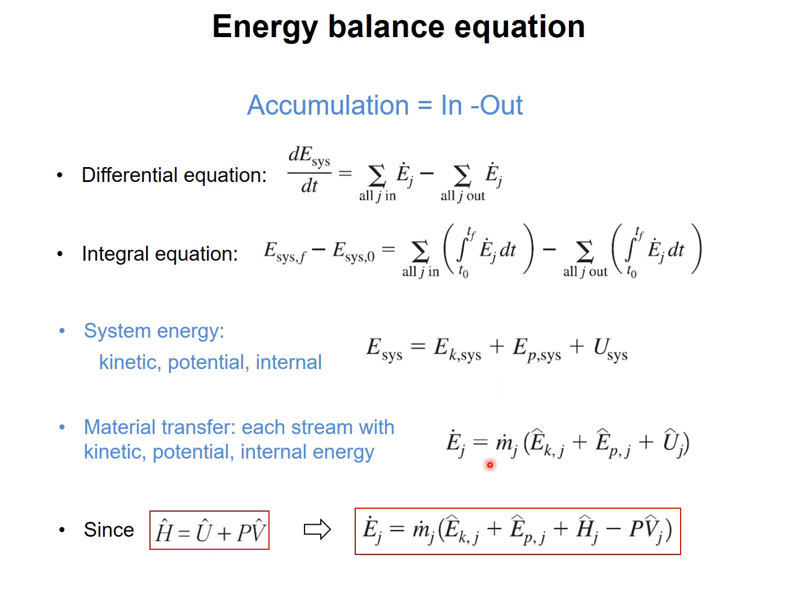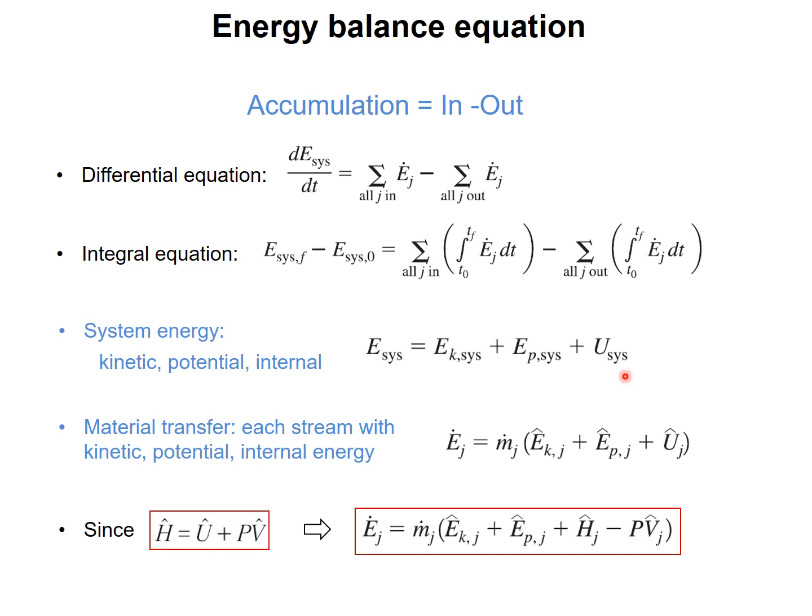Let me go to the energy flow. This energy flow is coming with mass transfer. And also, this energy flow has kinetic energy, potential energy, plus internal energy, like the system energy.